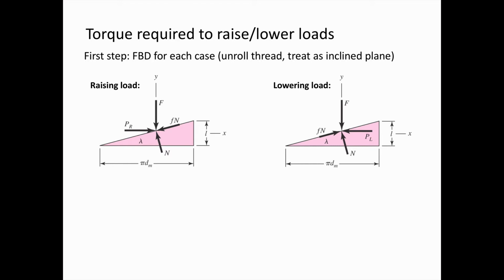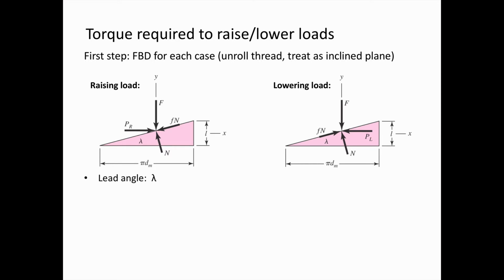But as we're pushing it up, there's going to be a force from friction resisting it. This is going to be F, the coefficient of friction, times the normal force, N. There are a few important things to define. The angle of this inclined plane is the lead angle.